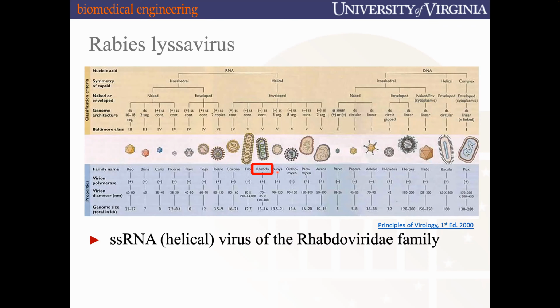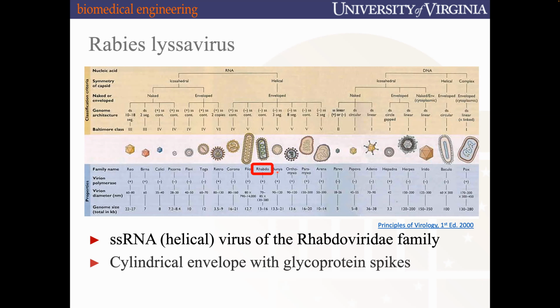So this is an RNA virus, a single strand, and it has a helical type of genome. This virus is also cylindrical, with an envelope protein, and on the outside of this envelope are different glycoprotein spikes. Similar to SARS-CoV-2, this is what it's using to enter cells.